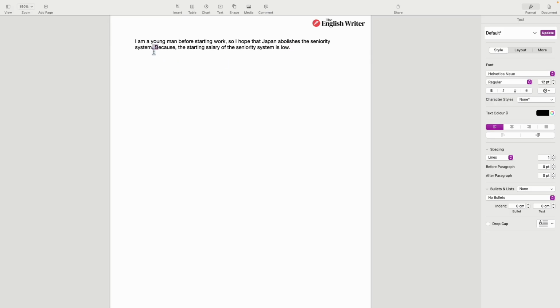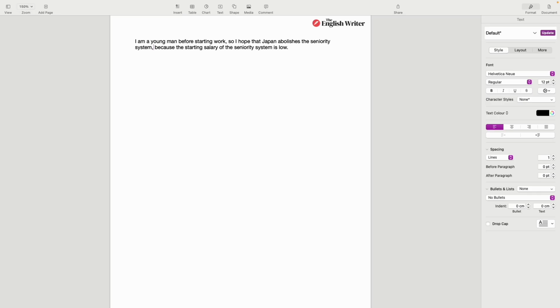Let's change that because, if it's what we talked about, because we don't need that. That's pretty common, to put a comma after the because, but you shouldn't do that. So I hope that Japan abolishes the seniority system because the starting salary of the seniority system is low.